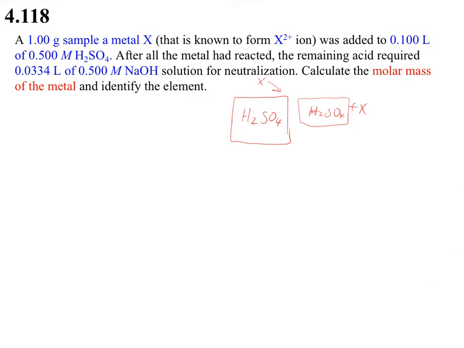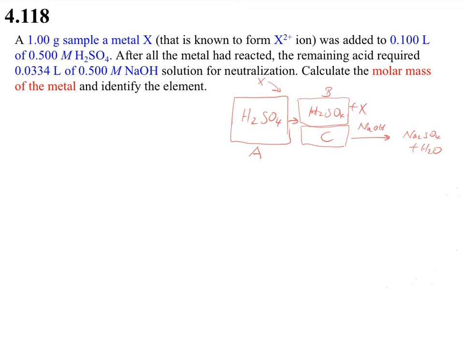At the beginning, we have A part of sulfuric acid, and B part of sulfuric acid reacted with X. Then the remaining part, C part of sulfuric acid, will react with sodium hydroxide to produce sodium sulfate and water.